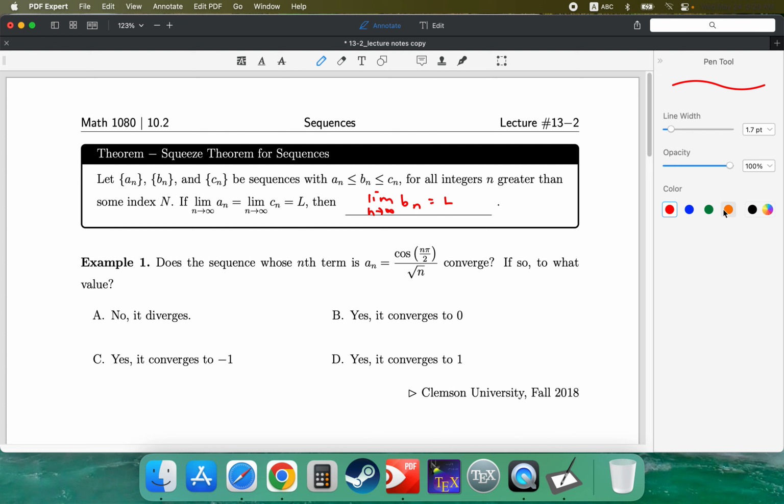Let me try to draw a picture to show you what's going on right here. Because we have this relation, let's say we have this sequence a sub n, where each dot represents a term, and we have the sequence c sub n.